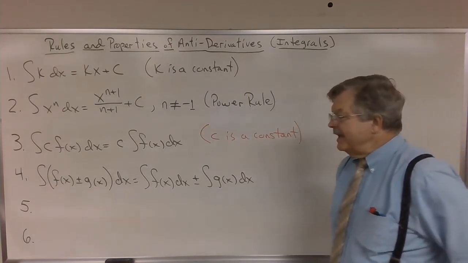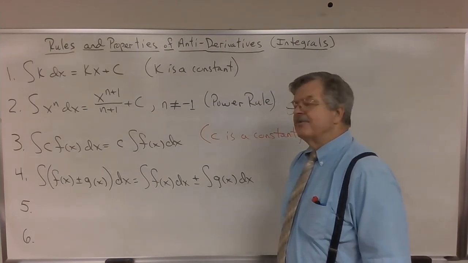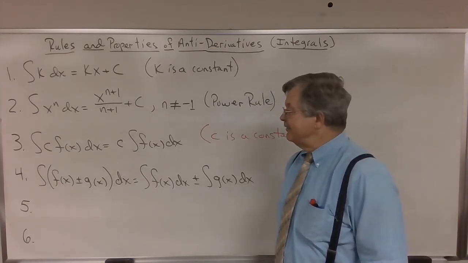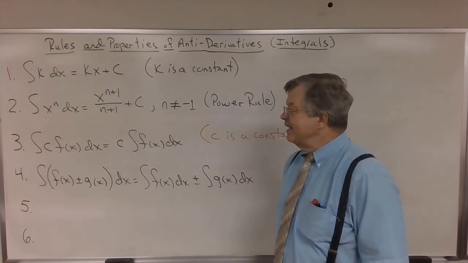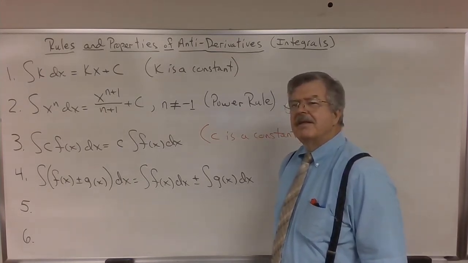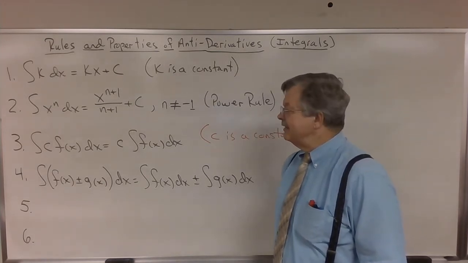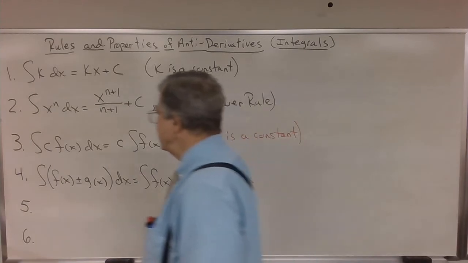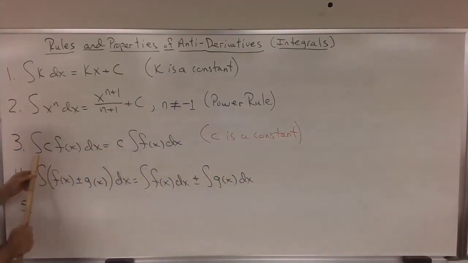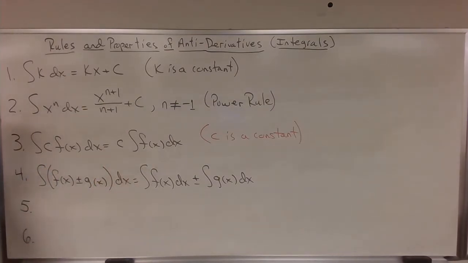And just like we have a property about the derivative of a constant times a function for derivatives, we have the derivative of a constant times a function equals the constant times the derivative. And here we have the antiderivative of a constant times a function equals the constant times the antiderivative.